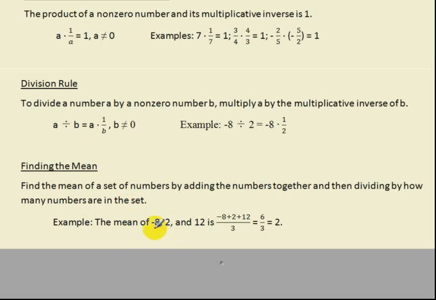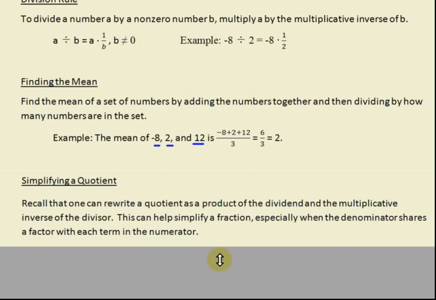So as an example, if we want the mean of negative 8, 2, and 12, we add those three together, negative 8 plus 2 plus 12, and then we divide by 3 because there are 3 numbers in the set. And that will give us 6 over 3, which we simplify to 2.